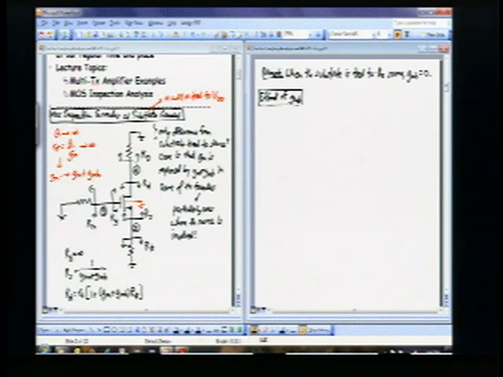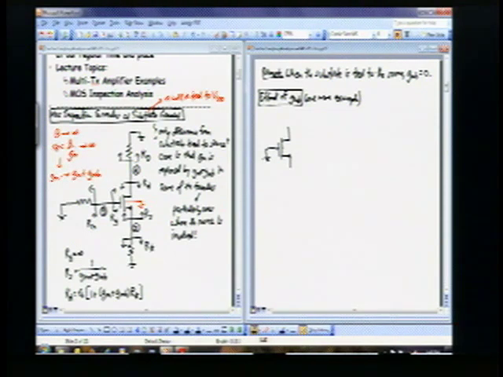It's one more example in addition to the one you had last time. This example will make it very simple. I'm just going to take this MOS device right here and tie its gate to ground.